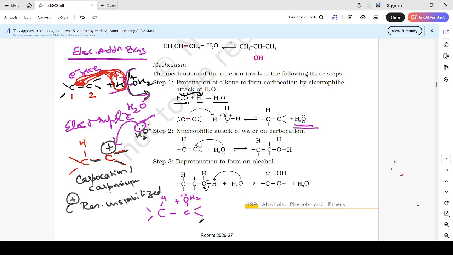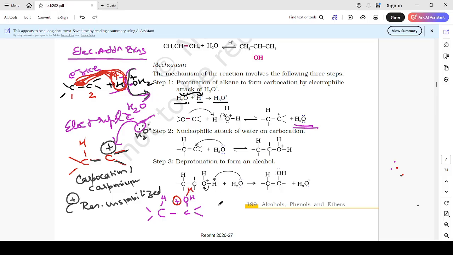Correct? Yes, ma'am, it will. Now ma'am, carbon has got satisfied, but I have created a positive charge and an electronegative element. I should definitely remove this because I can't have an electronegative element carrying a positive charge here, isn't it?